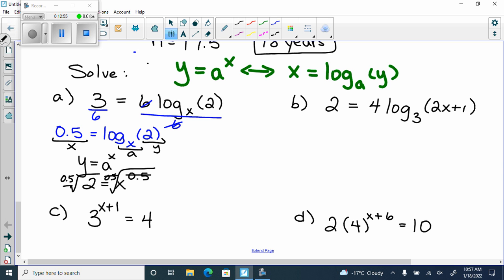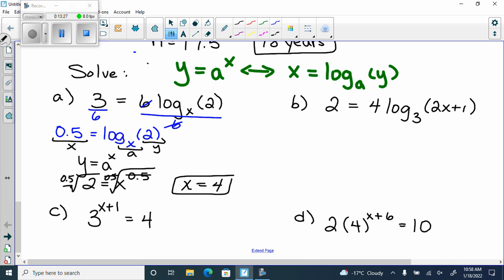So what's the 0.5th root of 2? Or it's technically 2 to the 2, so it should be 4. Did you get 4? You can y1, y2 it as well, right, at this point. But honestly, if it's a square, you take the square root. If it's a cube, you take the cube root. If it was 0.5, you take the 0.5 root. Still works.